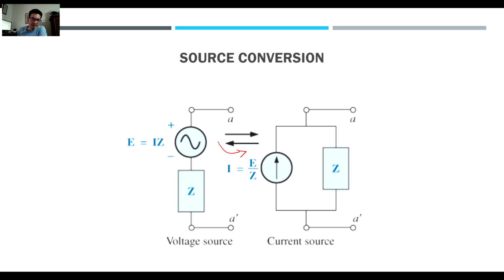And we saw that in DC circuits. For AC circuits it is the same, except the voltage source is going to be AC, it's a wave, and instead of the resistor as the load, we're going to have the impedance. So a voltage source in series with the load can be converted into a current source with the load in parallel.